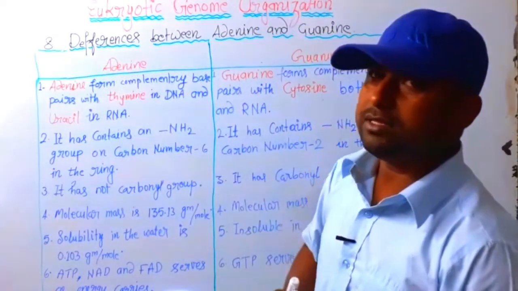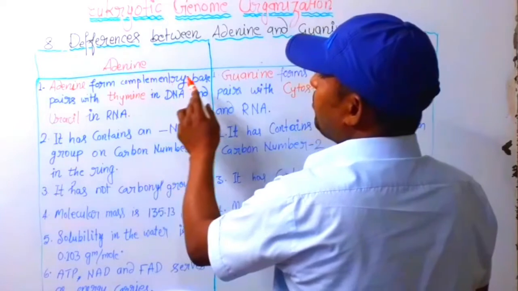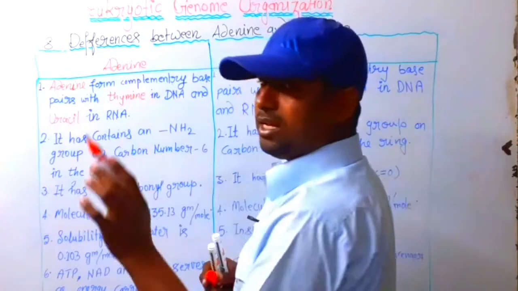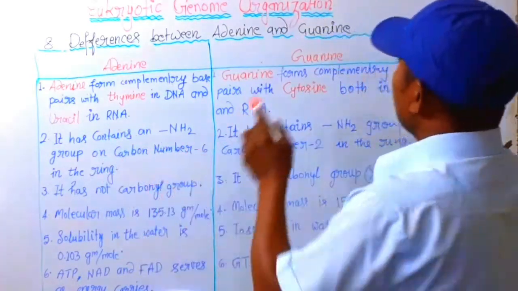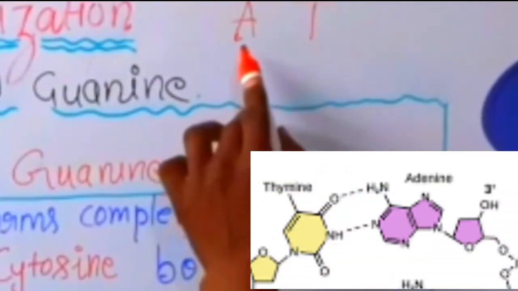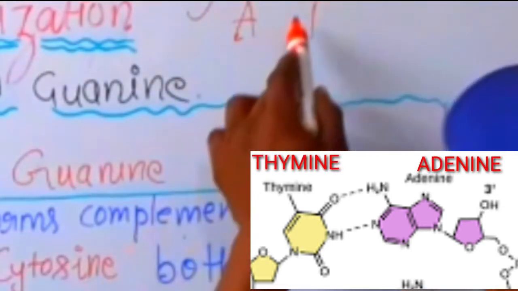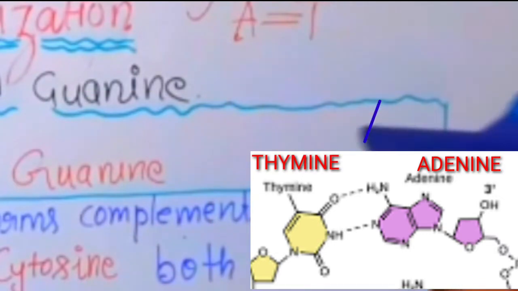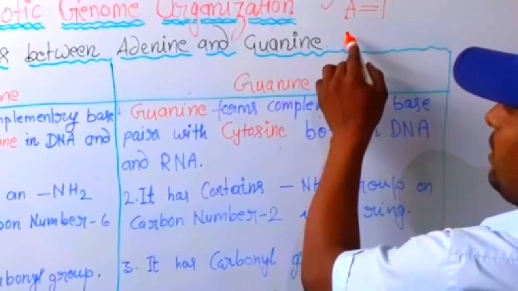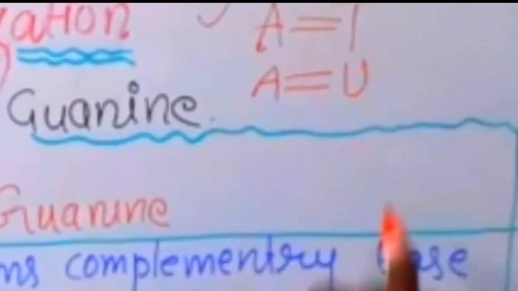Under point number 8, the general differences between adenine and guanine. Adenine forms a complementary base pair with thymine in DNA and uracil in RNA. As you know, adenine and thymine, the AT base pair, are connected with a double bond, while in RNA adenine pairs with uracil.